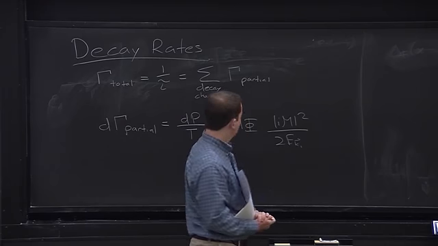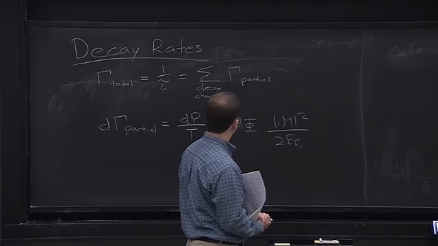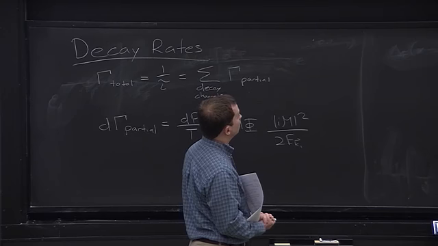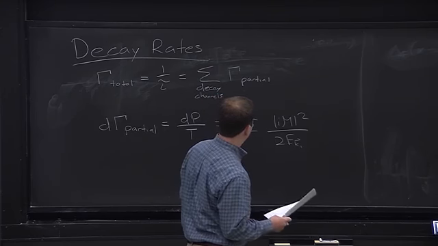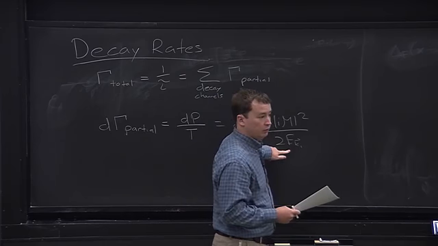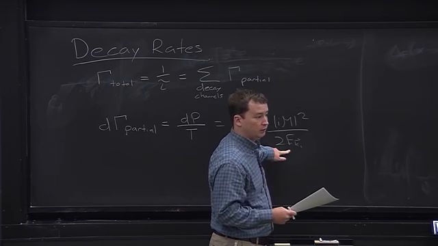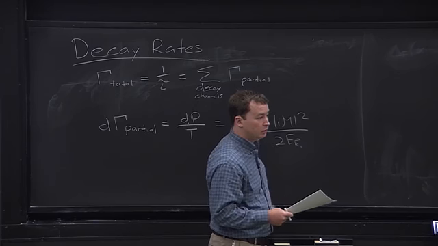Isn't there an extra factor of volume that you didn't cancel off now? Well, we also lose a factor of volume because we only have one particle in the initial state. Oh, I see. Okay.